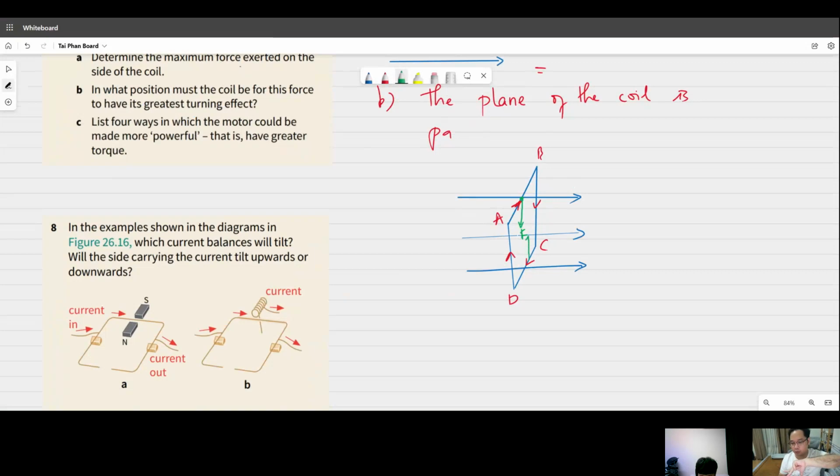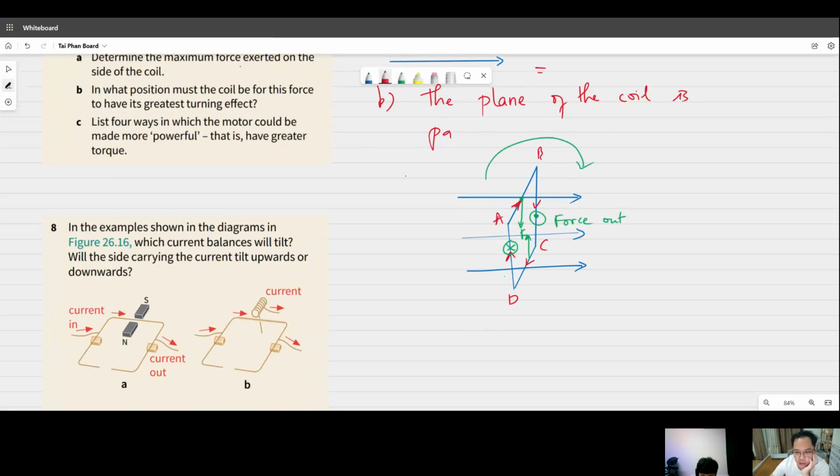At the bottom, the force will be upward because the current is in the opposite direction. The two other sides, AD and BC: left-hand rule again, the field to the right, the current is upward, so the force is into the page on one side and out of the page on the other, which will rotate the frame in the clockwise direction.